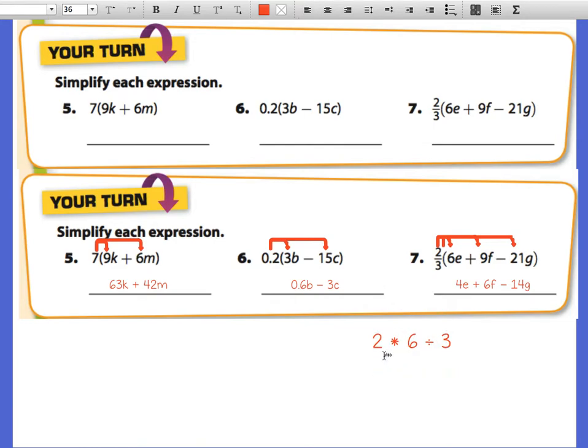The next one would have been 2 times 9, and after you did the 2 times 9, you would divide it by 3. So 2 times 9 is 18, divided by 3, and that gave you 6. And then here you would have done 2 times 21, and then divided that by 3. 2 times 21 is 42, divided by 3 would have given you 14.